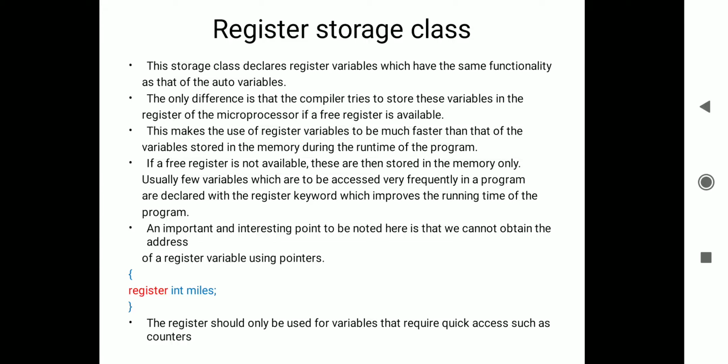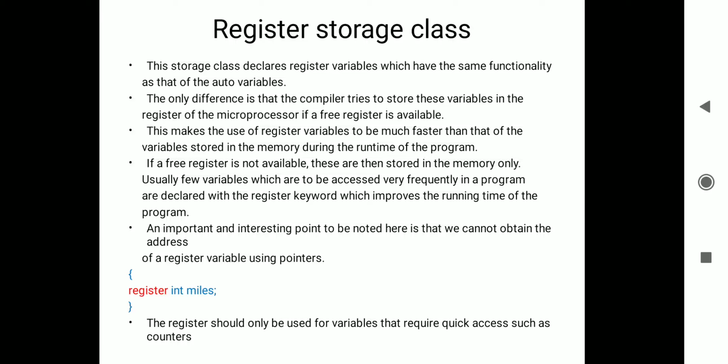Next is the register storage class. Register variables have the same functionality as that of auto variables. The only difference is that the compiler tries to store these variables in a register of the microprocessor if a free register is available.